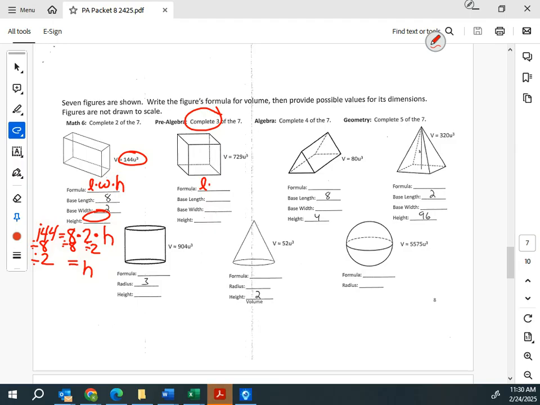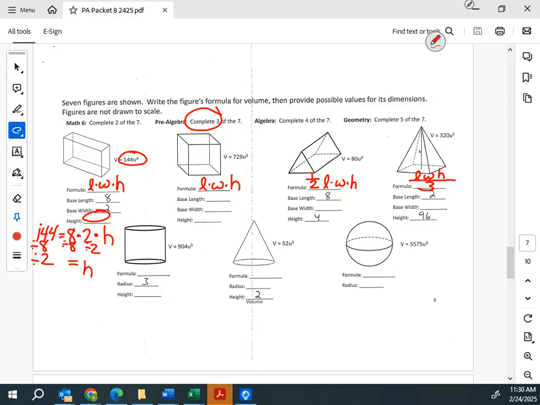For our cube, it's length times width times height, but they all have to be the same because it is a cube. So same number, length times width times height. For a triangular prism, it's 1/2 of the length times the width times the height. For our pyramid, we have length times width times height divided by 3.